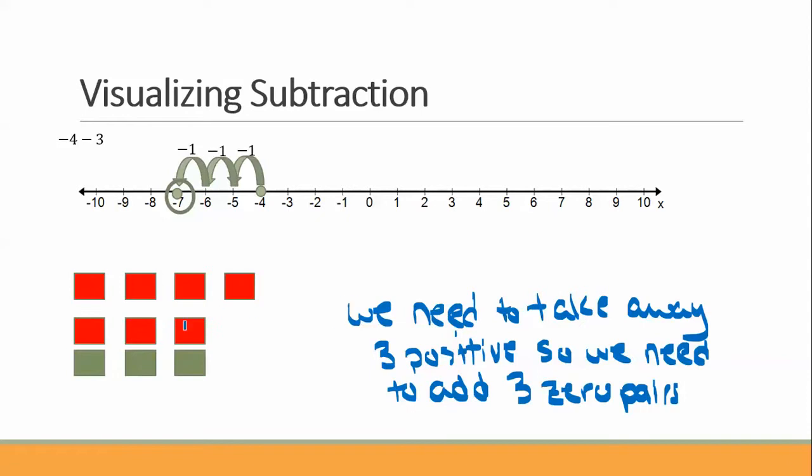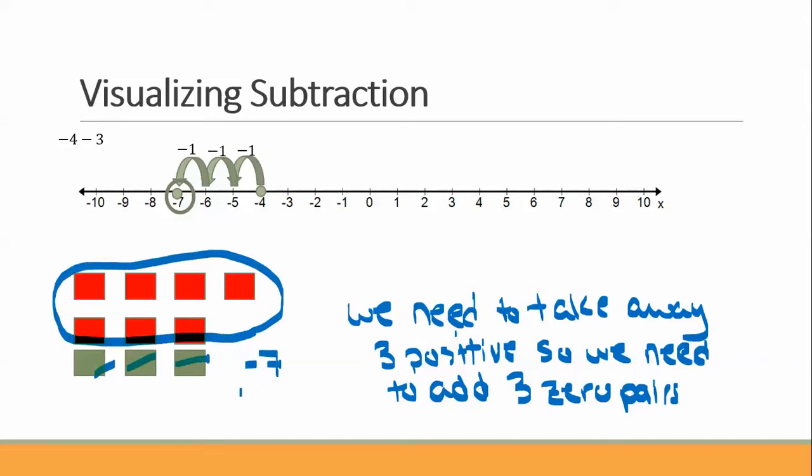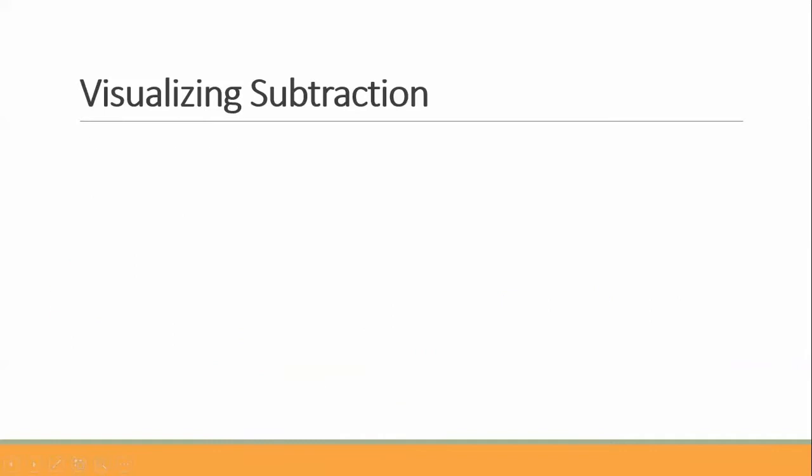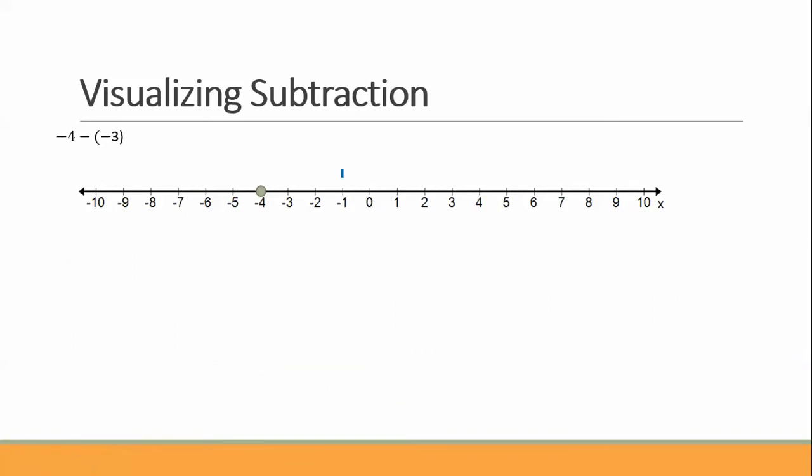Now we can take away 3 positive boxes, and again we're left with negative 7 rectangles. They both have the same sign, they're both negative, so we add and keep the sign.